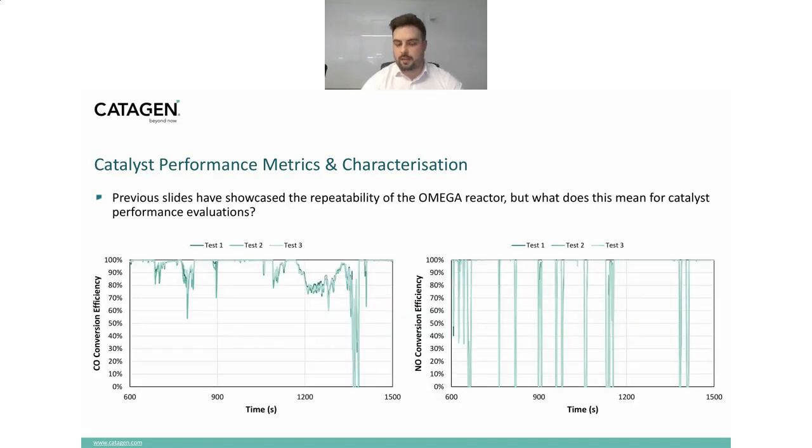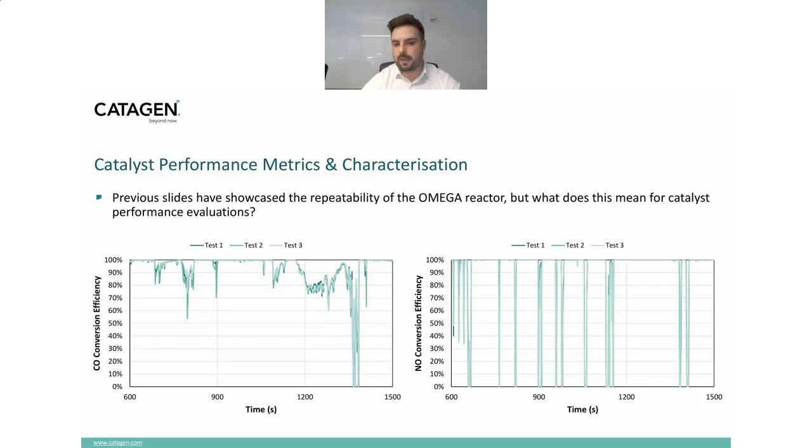Then looking again just at how the catalyst performance compared across tests, we have here CO conversion efficiency and NOx conversion efficiency. I have excluded the hydrocarbon conversion efficiency here because effectively all of the emissions happen in cold start, so there's not really much of interest beyond the first 2 minutes of the test.